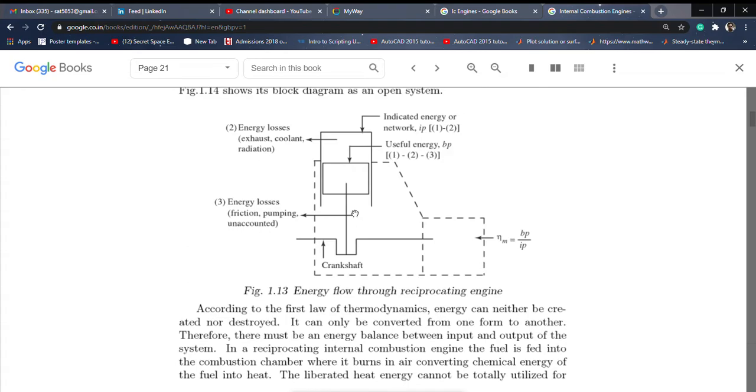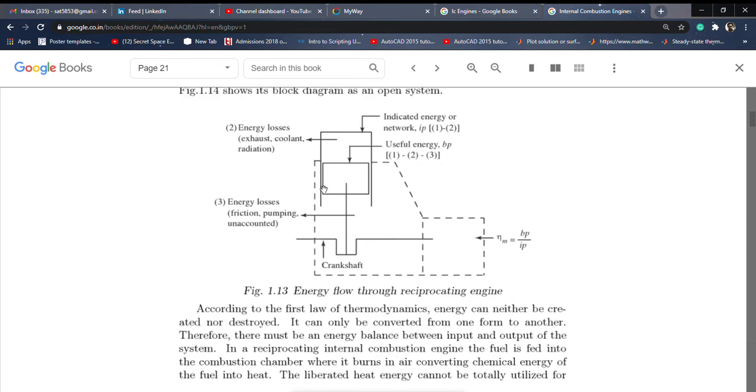But the piston will move downward, moving with some velocity at some speed. So whatever power the piston has, it will transfer to the crankshaft. There are some losses in between. This is your connecting rod, bearing also.